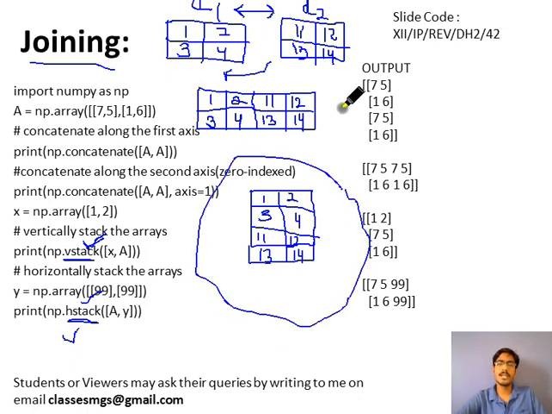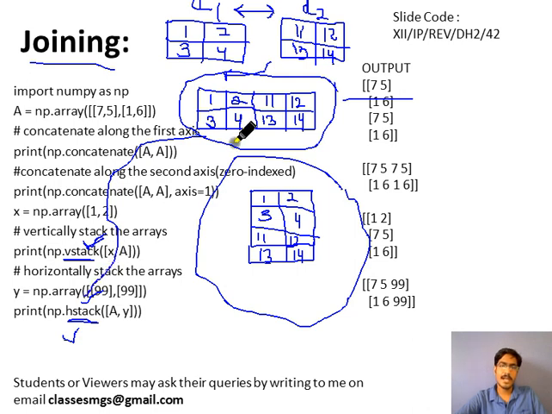This is vertical joining and this is horizontal joining. Horizontal joining can be done through the hstack method and vertical joining can be done through the vstack method. Keep this in mind.